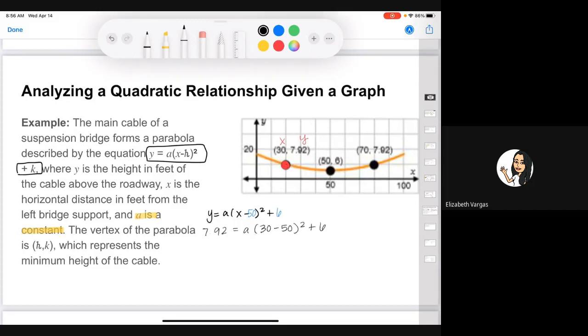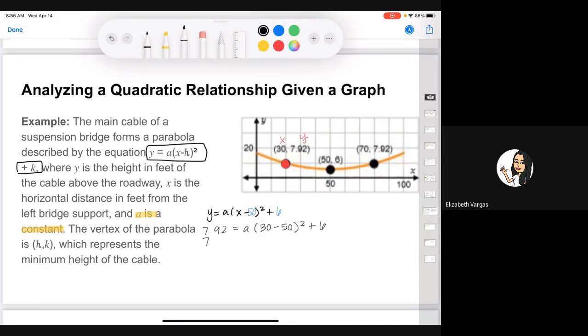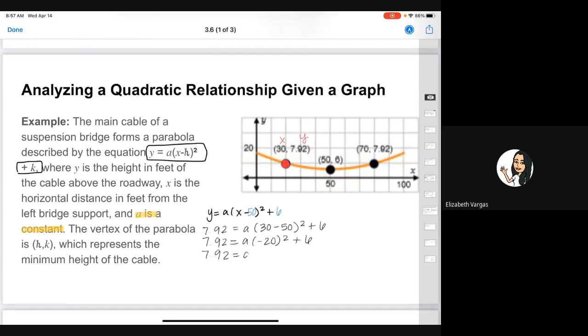So now I'm going to use this information to solve for my a, because I need to know that constant in order to create a quadratic model which will model this situation. Okay? So 7.92 equals a times (30 − 50)² plus 6.